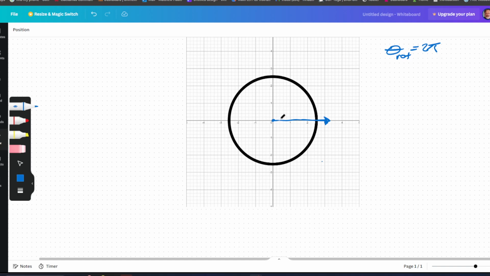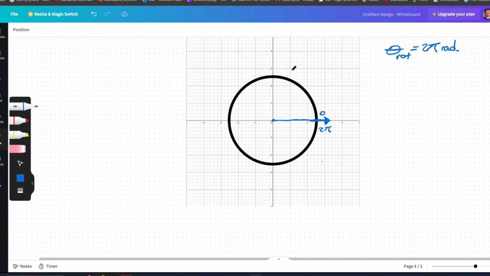So we know if we go all the way around from here at 0, all the way around is 2 pi radians. Notice I'm not putting radians after it. As I said, we don't need that radians there because it's a ratio. We often put it there for clarity, but we don't need it.